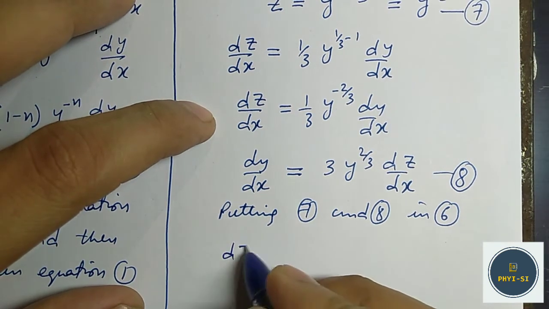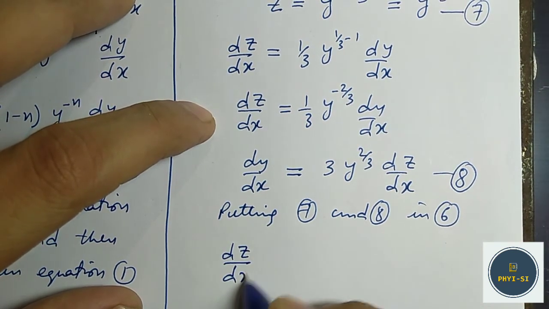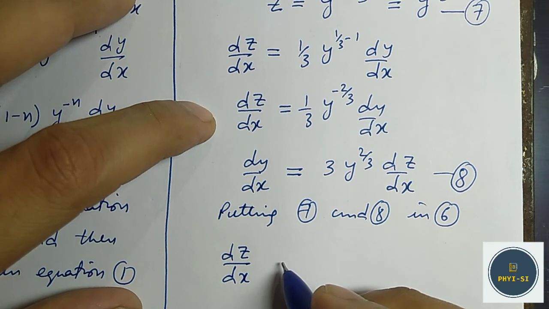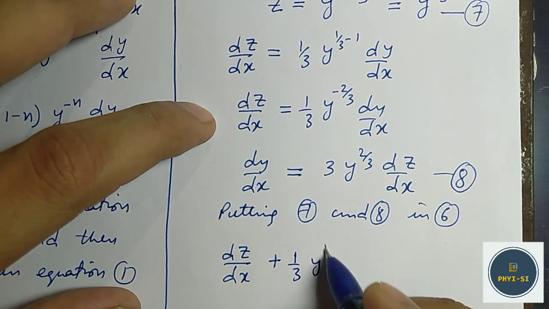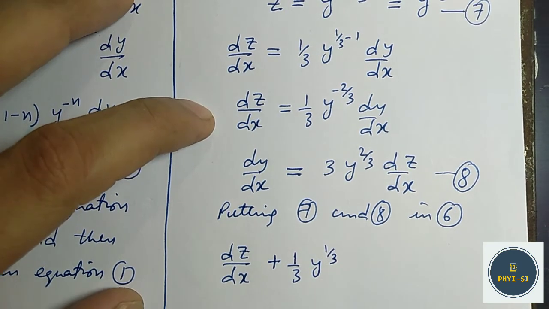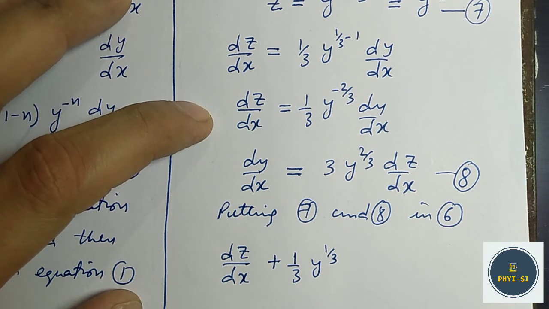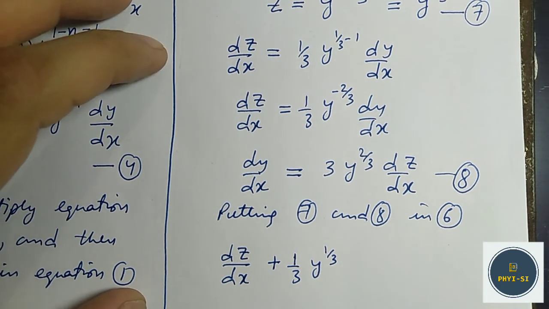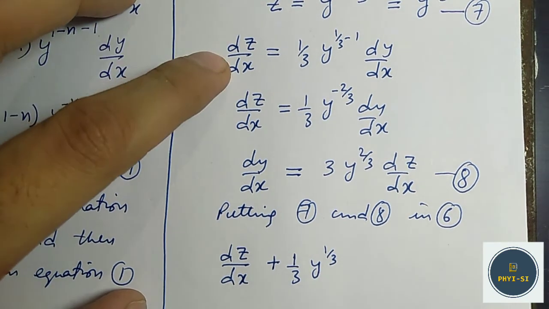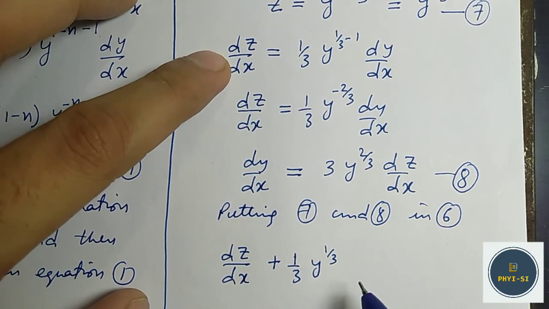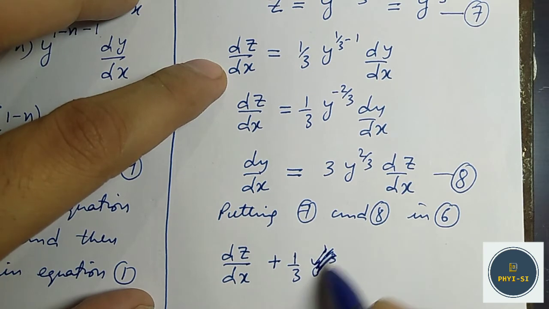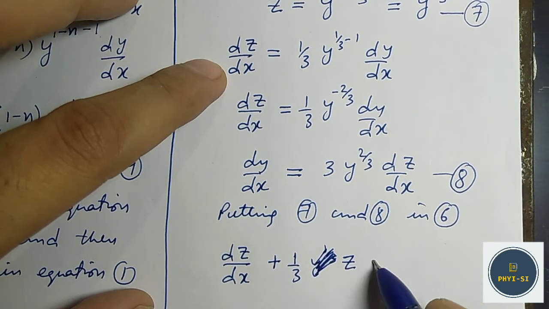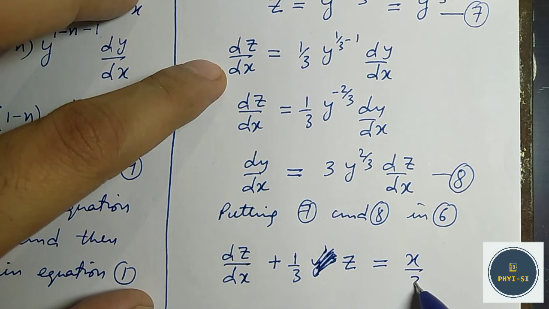So the final equation becomes dz by dx plus 1 by 3 y raised to power 1 by 3, sorry, y raised to power 1 by 3 is equal to z, so I should write here z, and it is equal to x divided by 3.